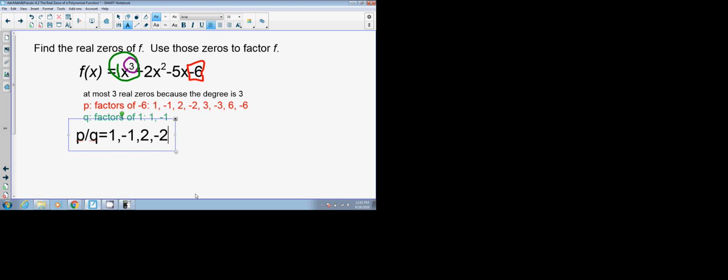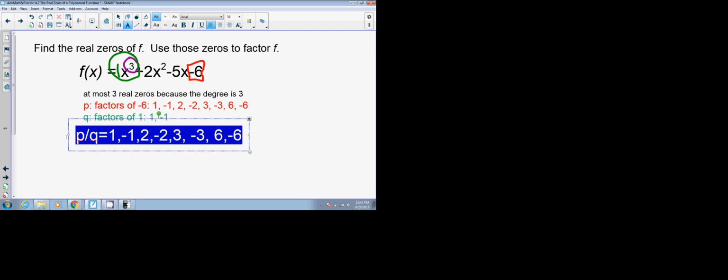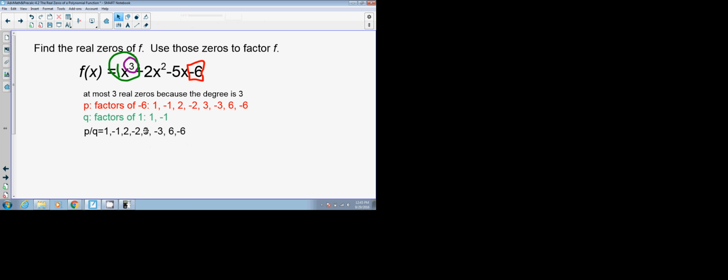So continuing through the process, we'll get 3, negative 3, 6, and negative 6. So these are all of the possible zeros that would exist for this polynomial function. These values aren't necessarily zeros, but these are the possible zeros. So now we need to check to see which of these actually are zeros.